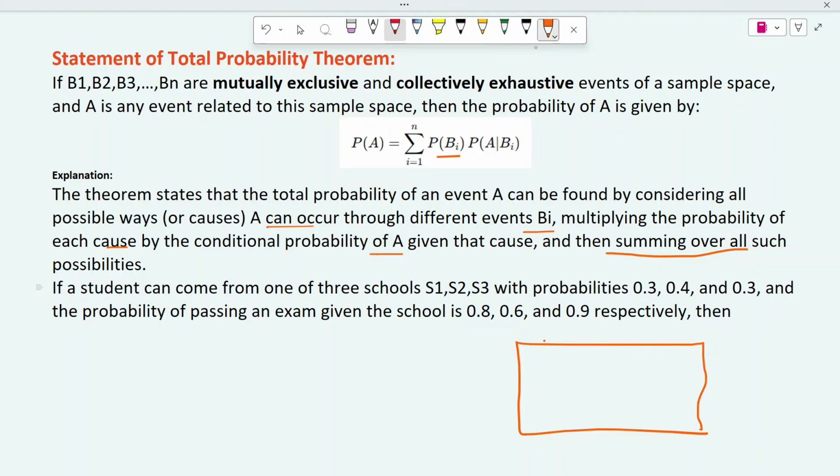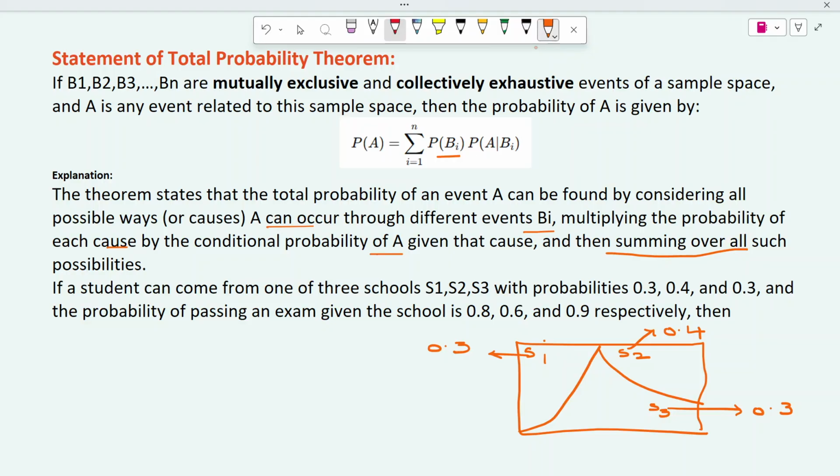Here, if a student can come from one of three schools, for example, this is school S1, this is school S2 and this is school S3. The probability of S1 is 0.3, the probability of S2 is 0.4, and the probability of S3 is 0.3.